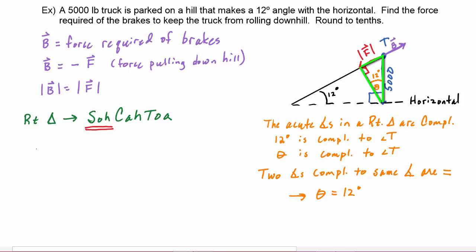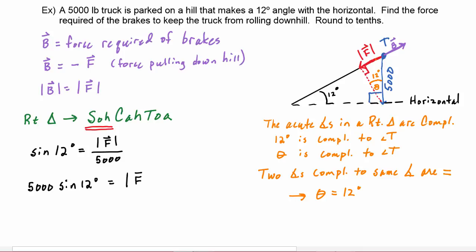And we can say that sine of 12 degrees has to equal the magnitude of the force divided by 5,000. Cross multiplying that 5,000, we get 5,000 times the sine of 12 degrees on the left-hand side, and we have the magnitude of vector F on the right-hand side.